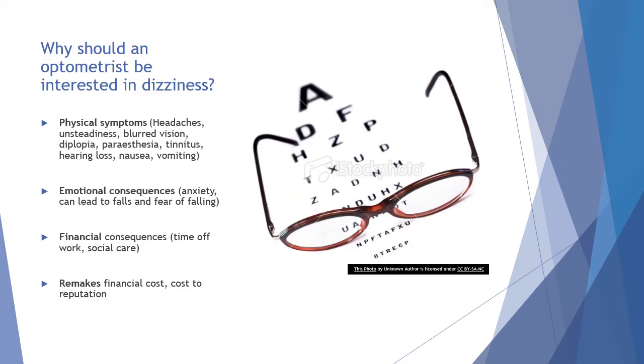So now you've got all the background knowledge that you need. So why should an optometrist actually be interested in dizziness? Isn't that something to do with the ears rather than the eyes? Well, as we've just seen, it's got quite a lot to do with the eyes.